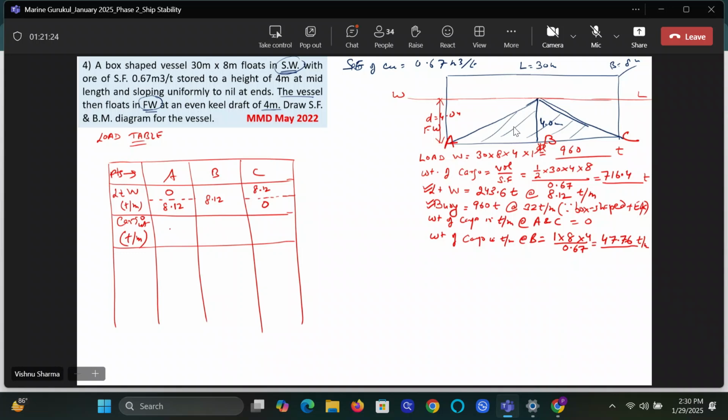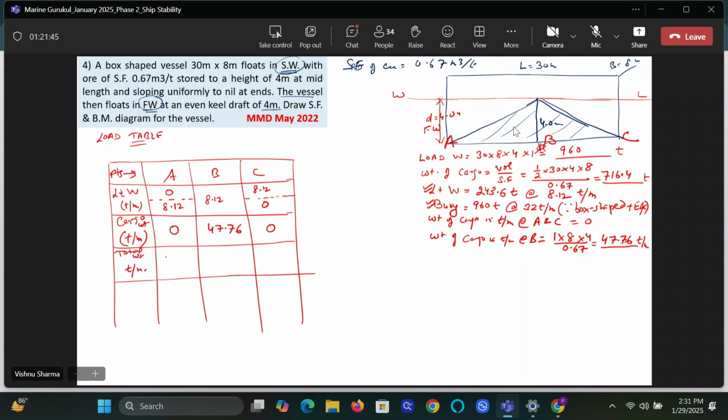So it is 0, 0, and even B does not have to be divided because it is gradually increasing and then gradually decreasing. How much is it? 47.76. This will give us the total weight in tons per meter.